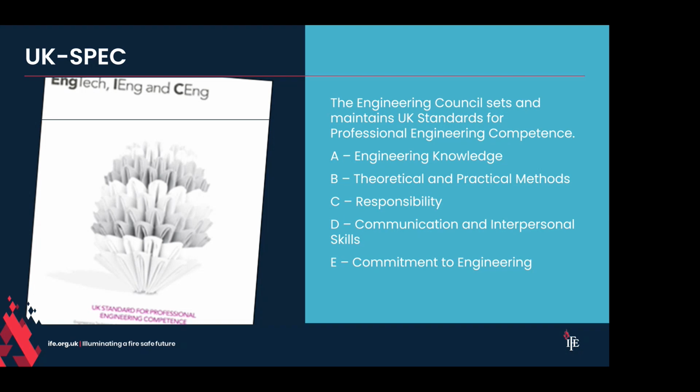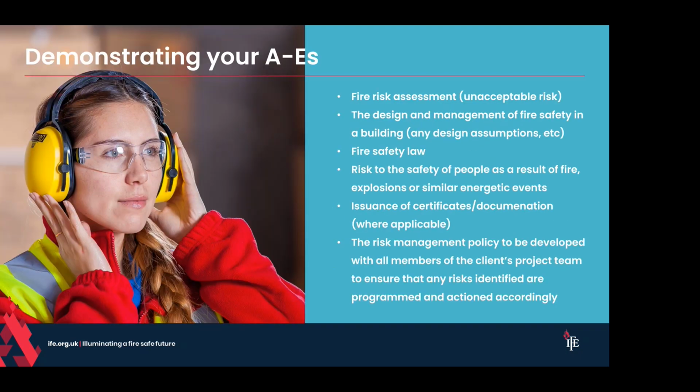The A to E requirements demonstrate your competence as an engineer. And each of these A to E competencies I'll go through in a bit more detail when we get to the 10 top tips towards the end. But just as a guide, you'll see on screen now some of the activities that we list in our Fire Risk Assessor guidance document that can help you to demonstrate your A to E competencies.